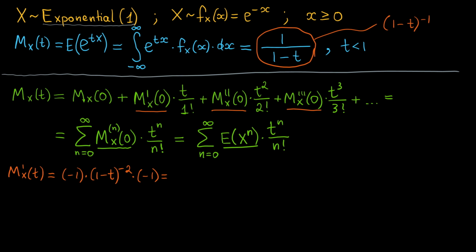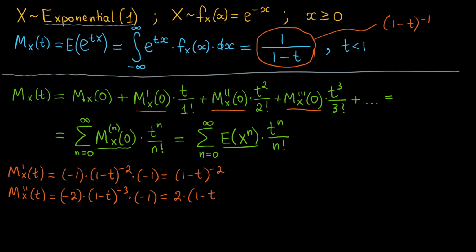So when we put it together, we get 1 minus t to the power of minus 2. And what's the second derivative of the moment generating function? It's minus 2 times 1 minus t to the power of minus 3 times a minus 1, and that is 2 times 1 minus t to the power of minus 3.